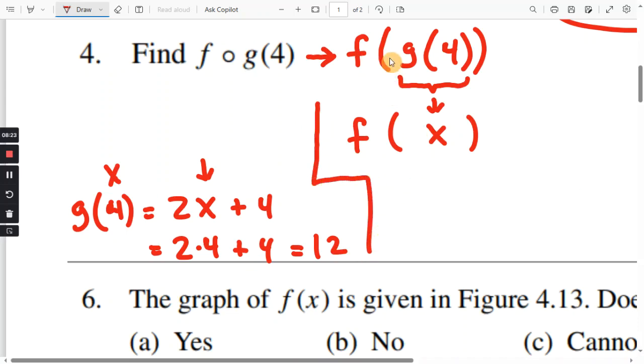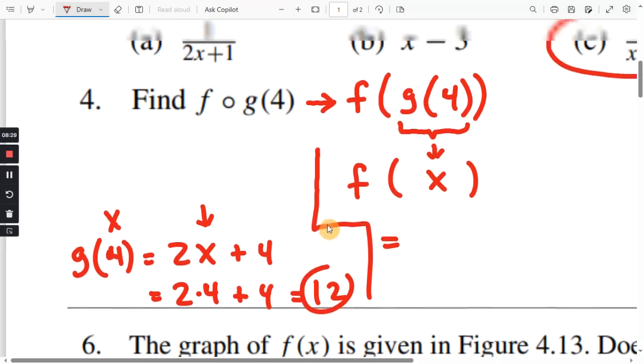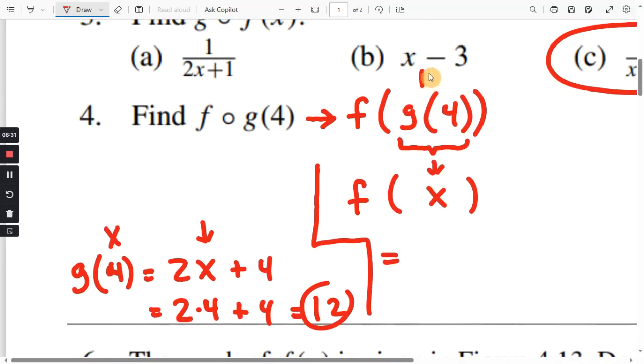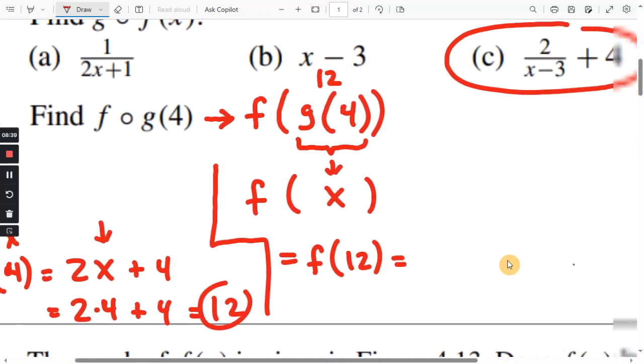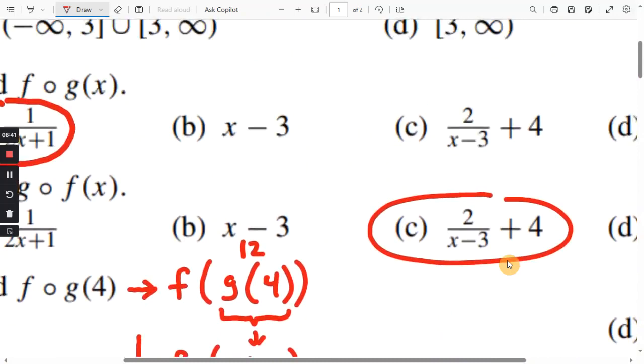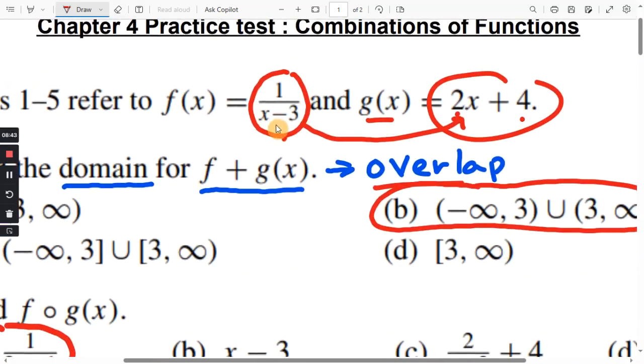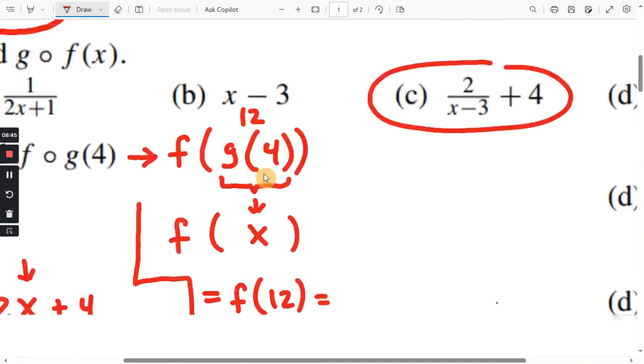So f of g of 4, we said g of 4 is 12. So that's going to be f of 12. Now we have to go to the f function and plug in 12. So the f function is 1 over x minus 3.